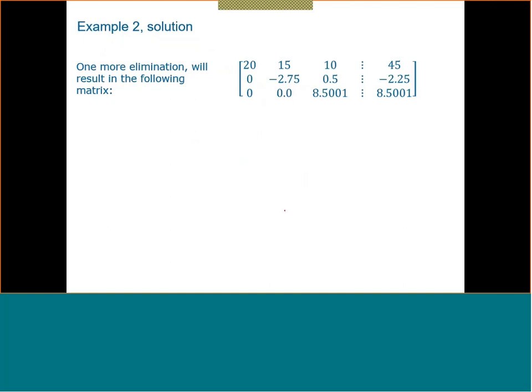So now we can do back substitution starting from here. 8.5, we use five significant digits, 1, 2, 3, 4, 5, x3 equals 8.5001. So from this, x3 equals 1. Then by back substitution, minus 2.75 x2 plus 0.5 x3 equals minus 2.25.